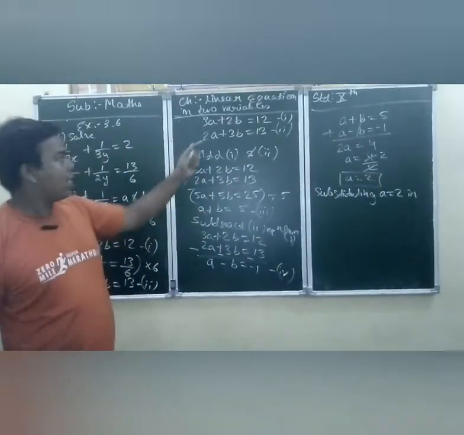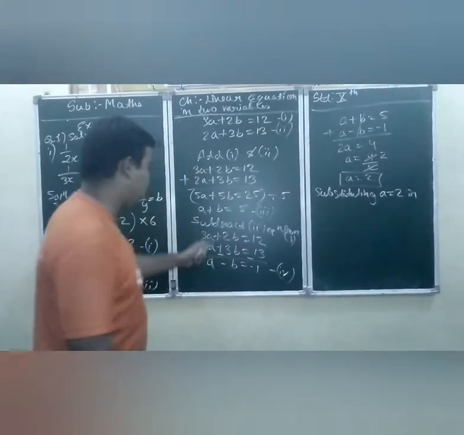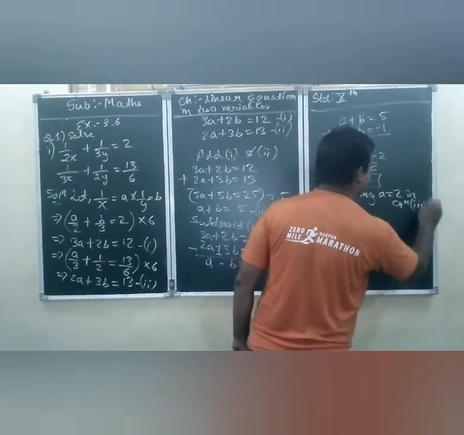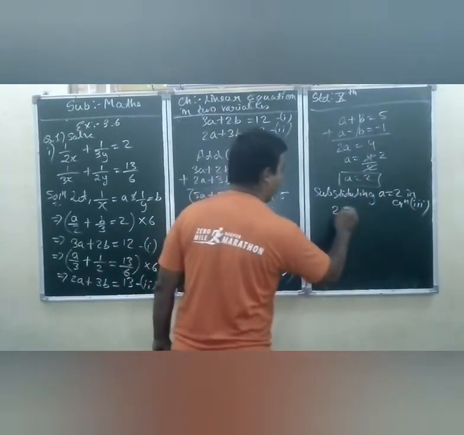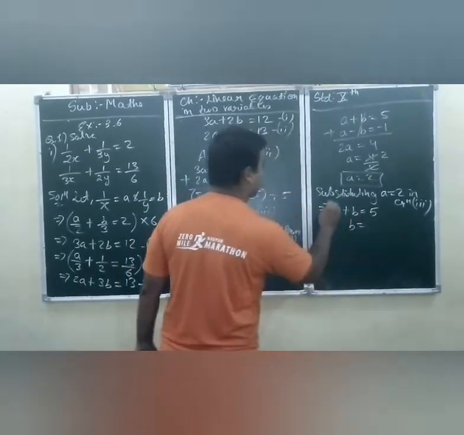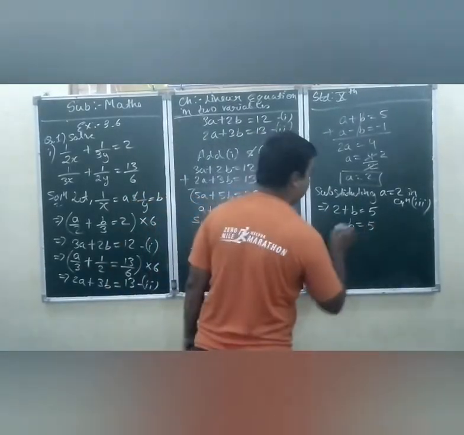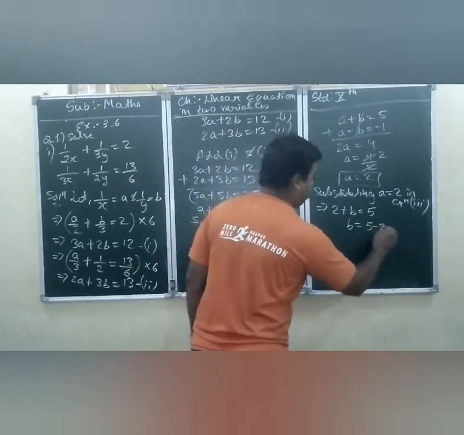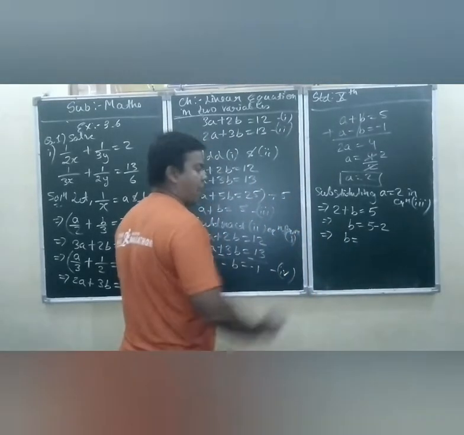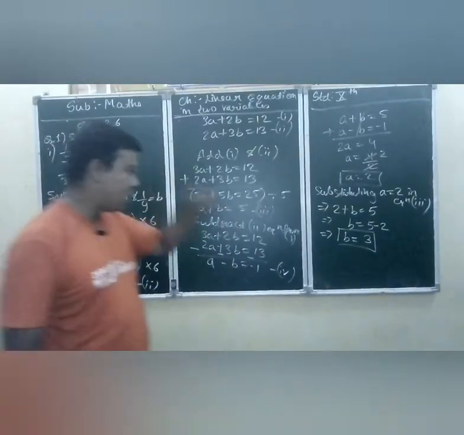You can put it in any equation, first, second, third or fourth, but for ease we put it in equation 3. In equation 3, 2 + b = 5, so b = 5 minus 2, transposing the 2. So b = 3. We got a = 2 and b = 3.